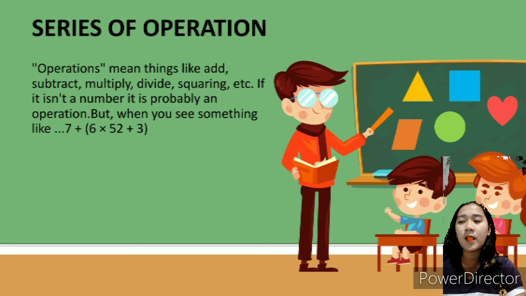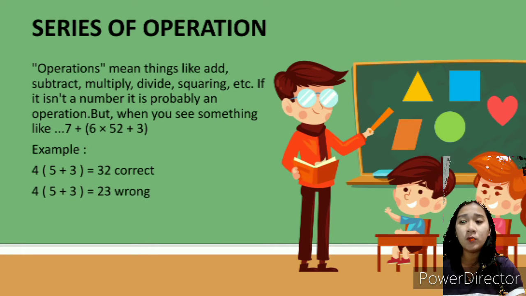Example, 4 times the quantity of 5 plus 3 is equal to 32. Another is 4 times 5 plus 3 is equal to 23. The first example, the answer is 32, and the second is 23. The first example is correct, while the second example is wrong.